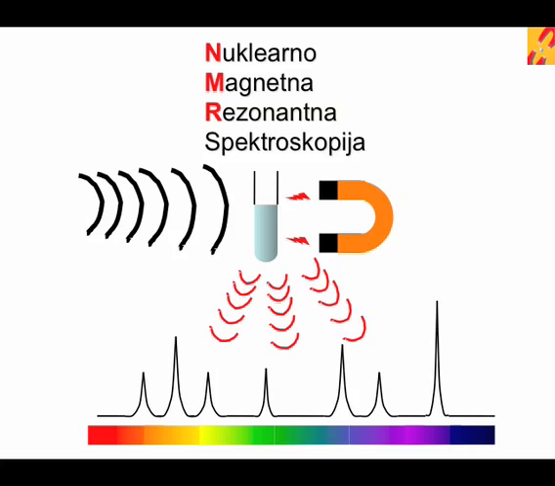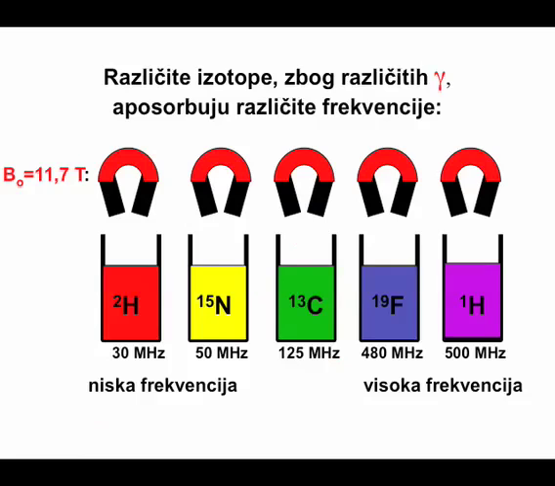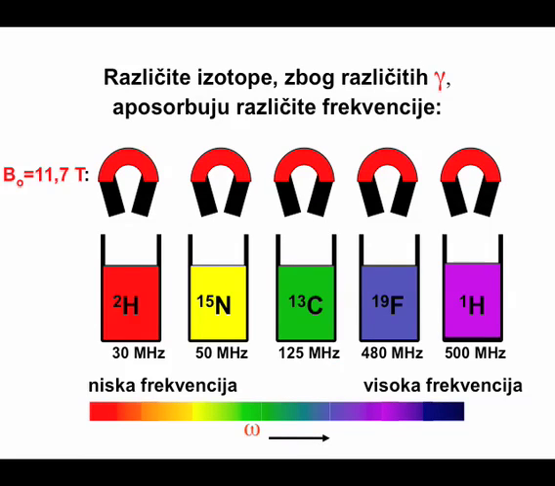So how is the MS different? MS gives molecular weight, and here we get information about different structural parts of molecules, the entire molecule. We can get complete information on it on the basis of NMR.